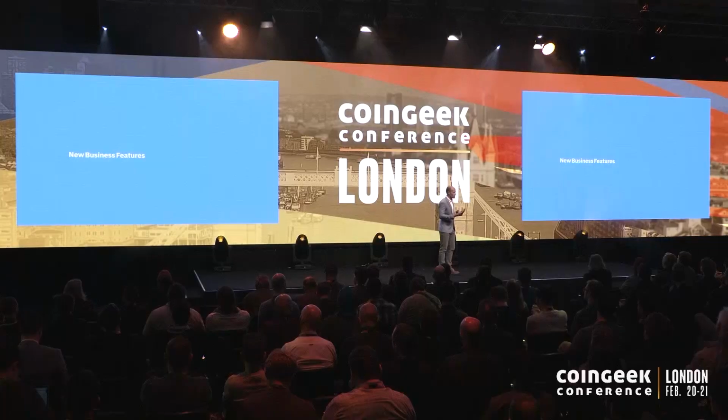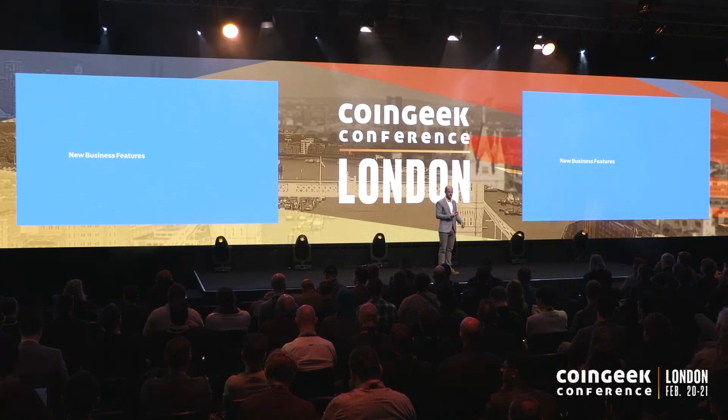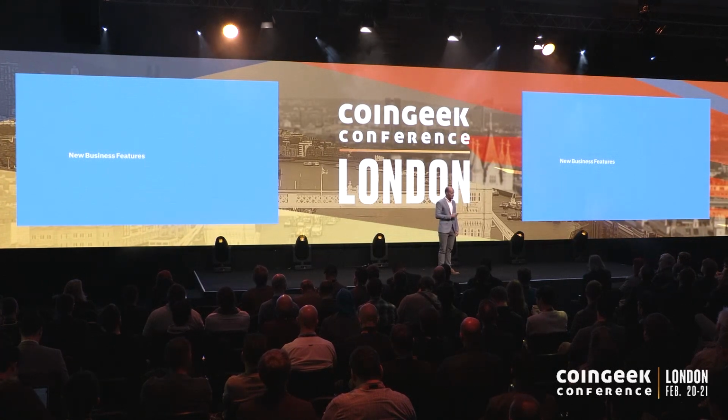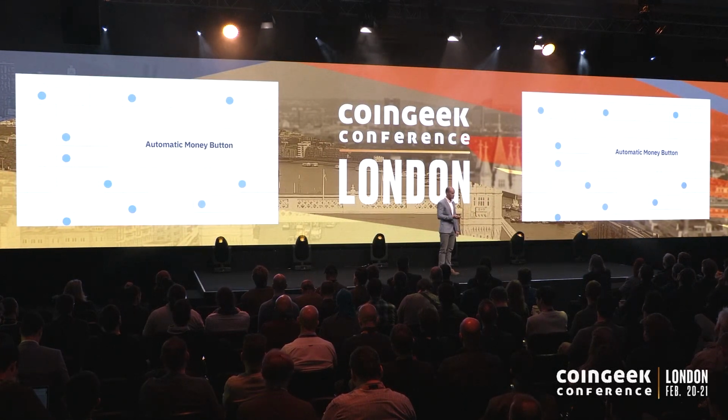Okay, so today I'm happy to introduce some new features for businesses that we are launching. First and foremost, we have Automatic Money Button. Automatic Money Button is basically an API that businesses that use Money Button can use to automatically swipe the button on the user's behalf.